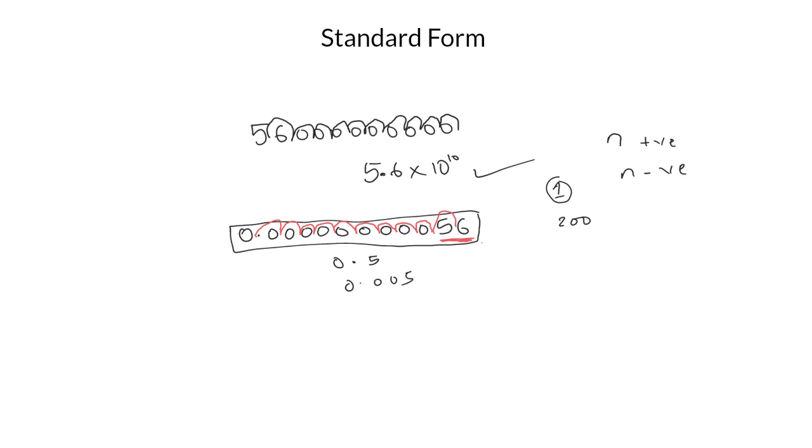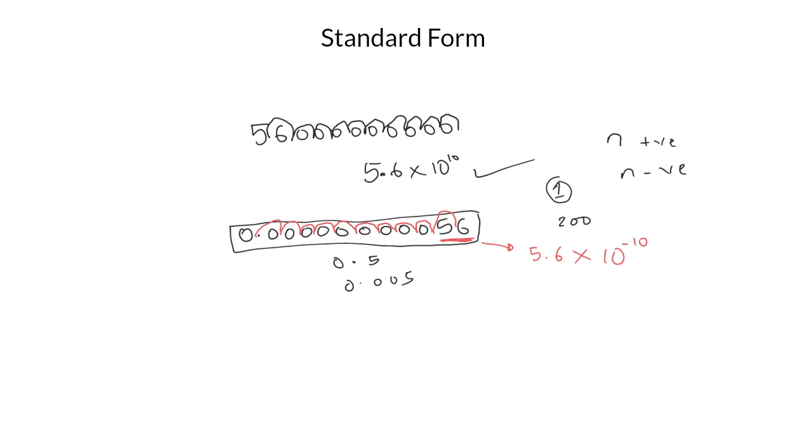So to write this number, we're going to write 5.6 times 10 raised to the power minus 10, negative 10. So that's the way to write a small number. So you see, the steps are the same. You only have to pay attention to when the number is small and when the number is big.